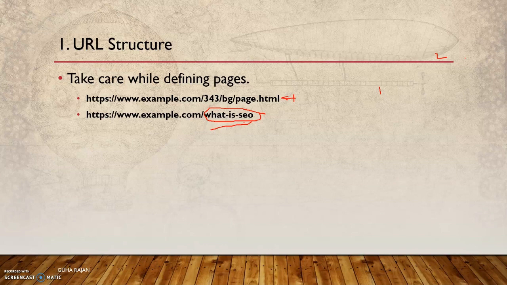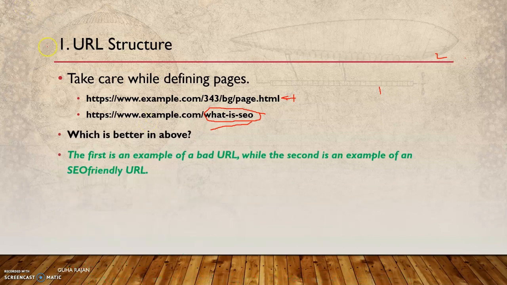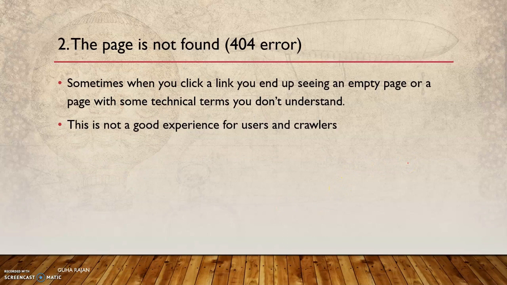Whenever the search engine ranks you, you have more opportunity for your website to be listed high on the search results. So that's about the URL. You need to focus on that. Again, whichever is the better one: the first example is a bad URL, and the second one is an SEO friendly URL. So that's about the URL structure.